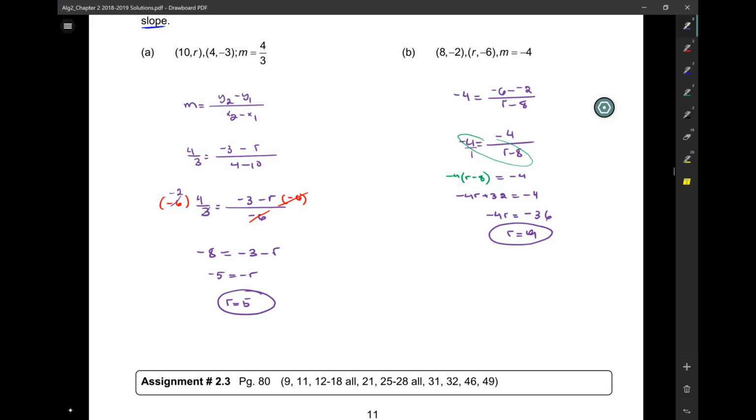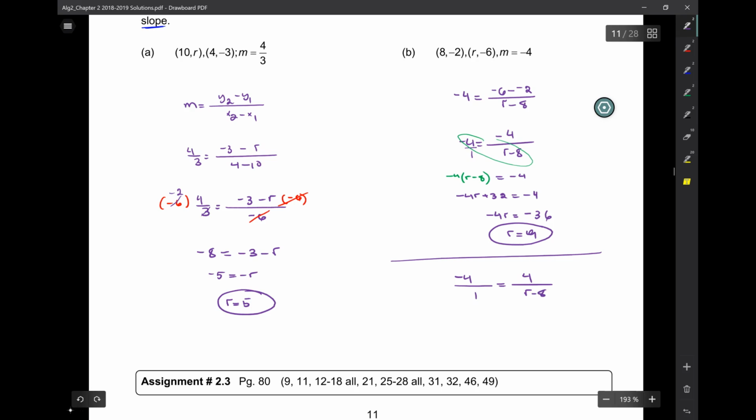Okay. Check out what else I could have done. And this is a fantastic trick for fractions. You can multiply both sides by r minus 8. Take a look. Negative 4 over 1 equals negative 4 over r minus 8.